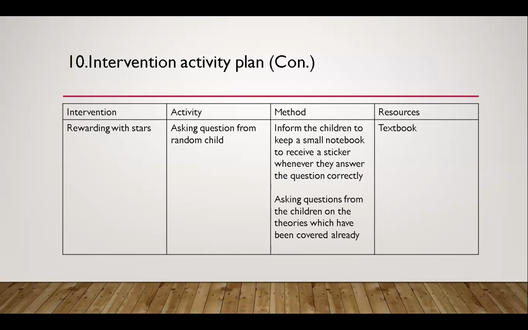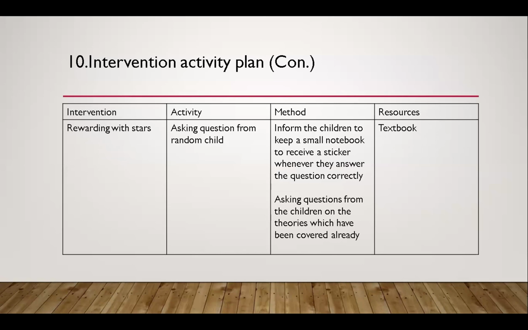The third activity I'm going to do is rewarding with stars. The activity will be asking questions of random children. I usually do that once I have covered the unit, taking the whole period to ask questions. Beforehand I will tell them to keep a notebook for that.